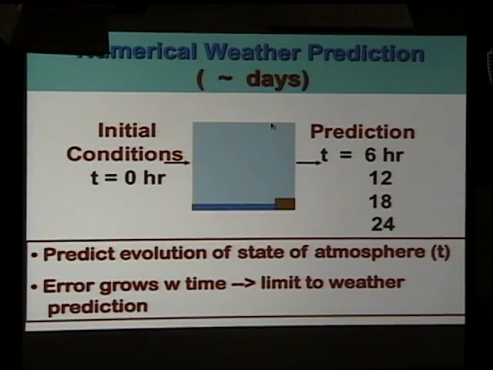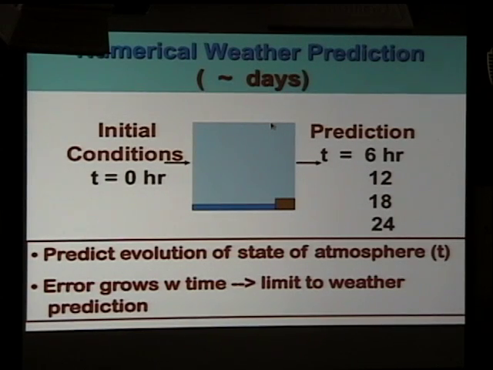There are portions of the world, for example over the Southern Ocean, where we have very little observation. So the initial conditions are not perfect, the models are not perfect, and so the errors grow in time. And all of you know the limit to forecasts: we don't look past 5 days. Two weeks is a bit of a stretch.